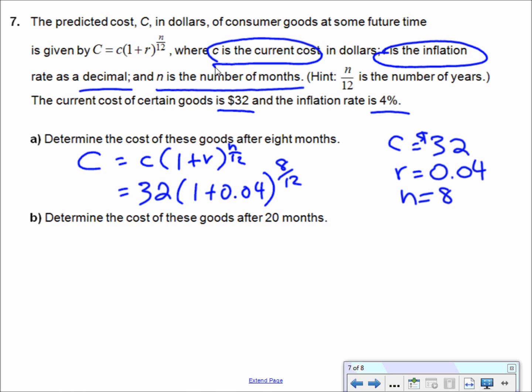Okay, so I'm going to put this into radical form because really that's what we're supposed to be doing. A lot of you might just put this right into the calculator, which is fine. I'm using a square bracket.